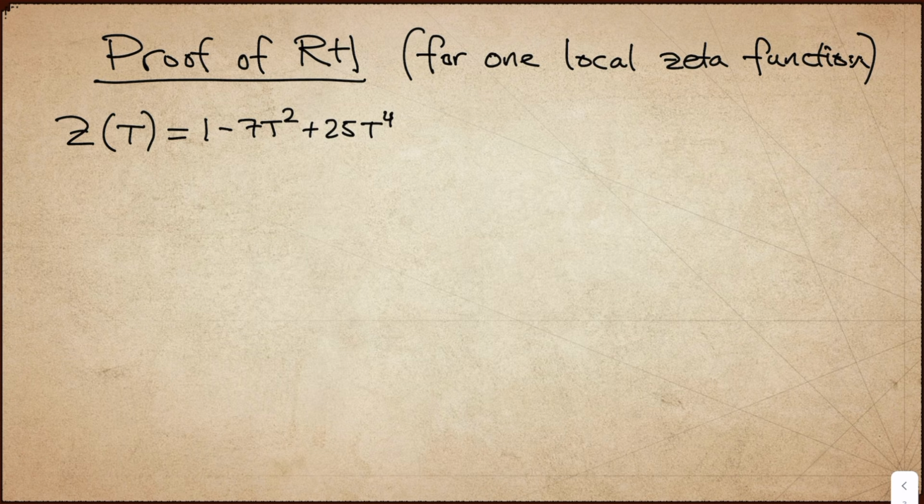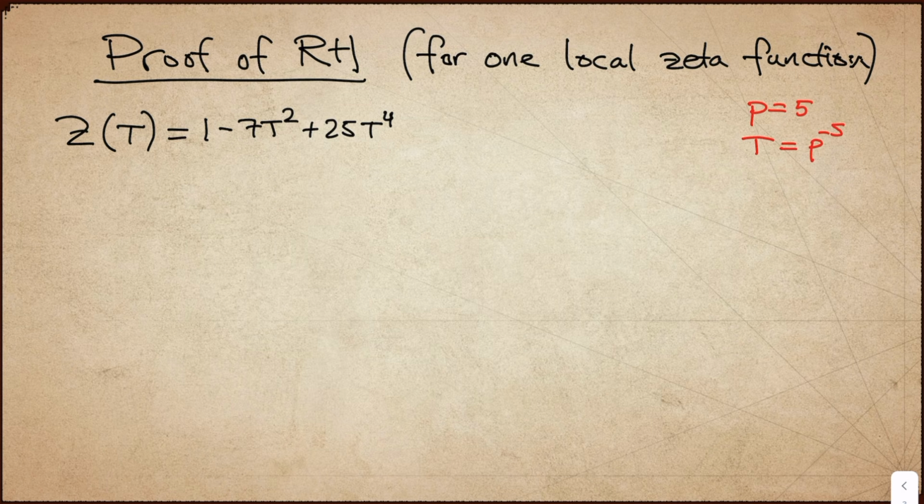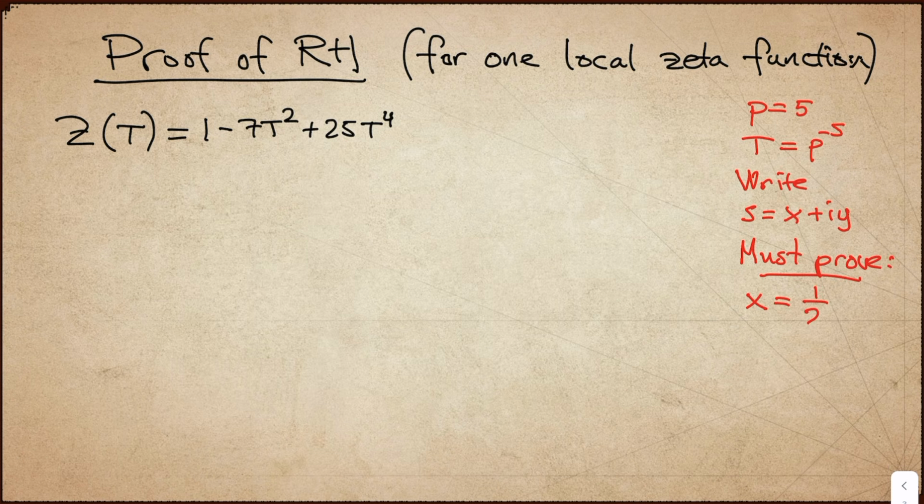Recall that p equals 5, and recall from earlier that t is just a code for p to the minus s. We can write the complex number s as x plus iy, and the aim is to prove that the real part of s, that is x, is equal to 1/2.